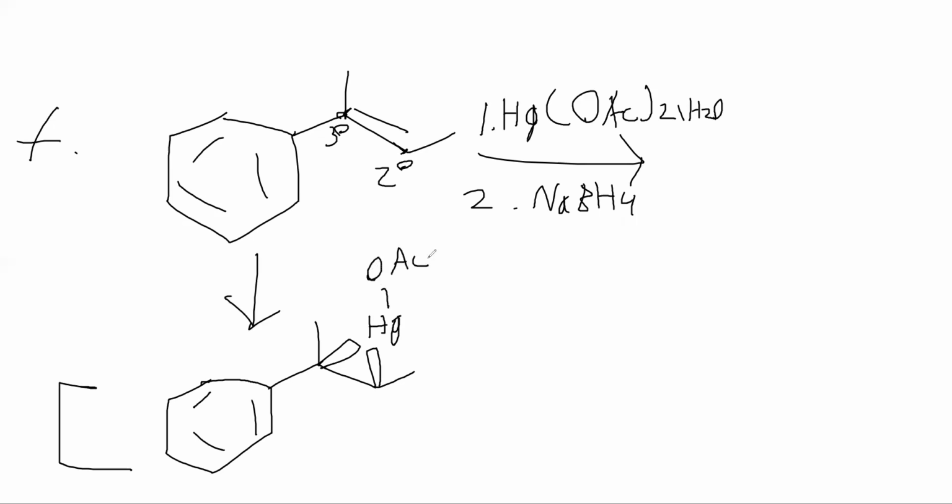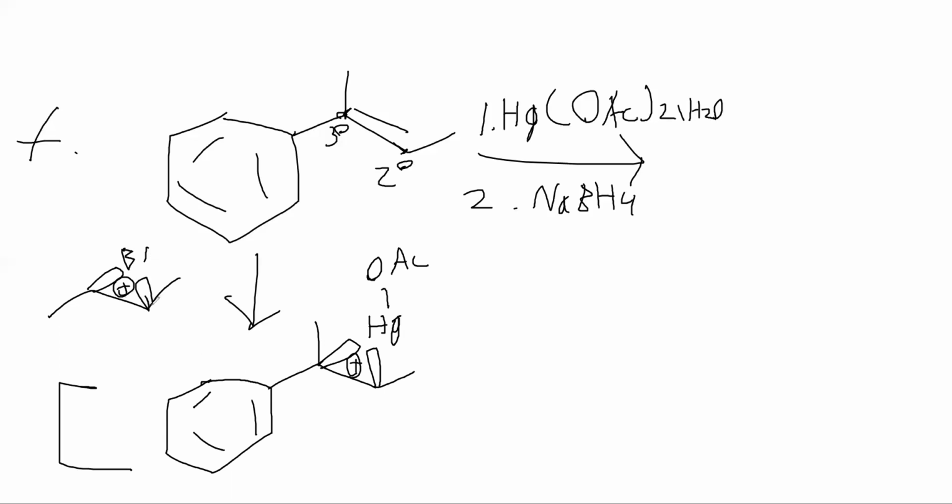It's kind of similar to what happens when you add Br2, because you can see that this intermediate looks very similar to if we added Br2 to an alkene, you get the Br with the three-membered ring and the cation in the middle. These two look very similar.